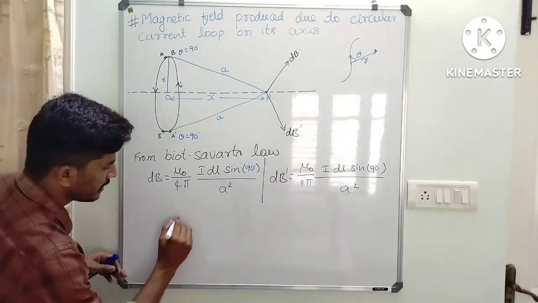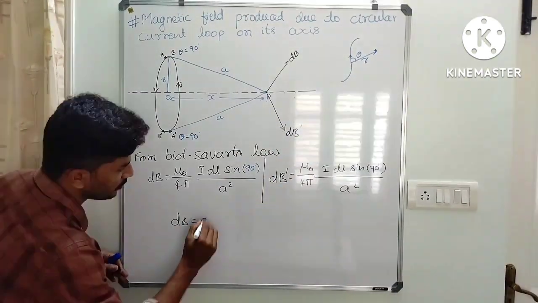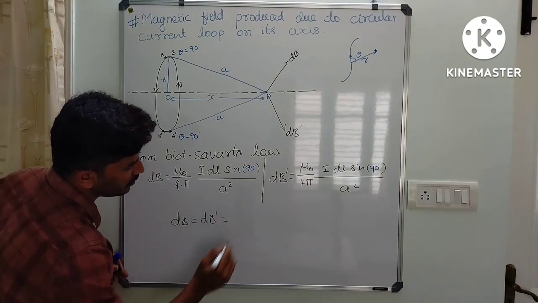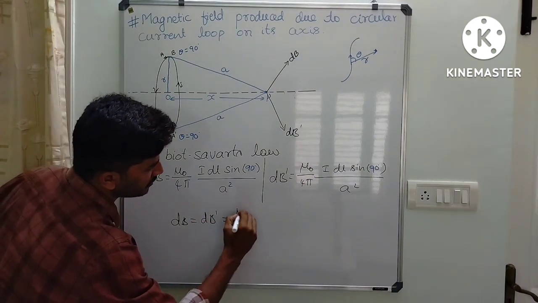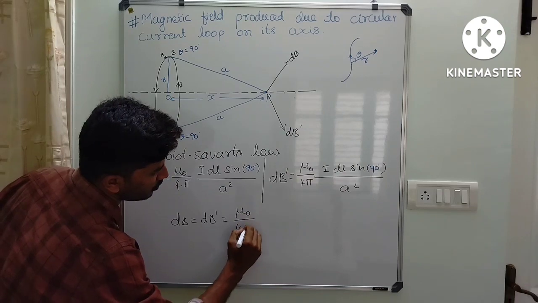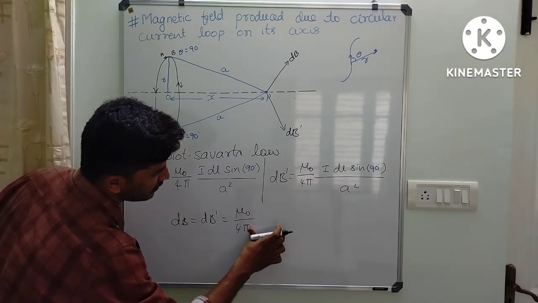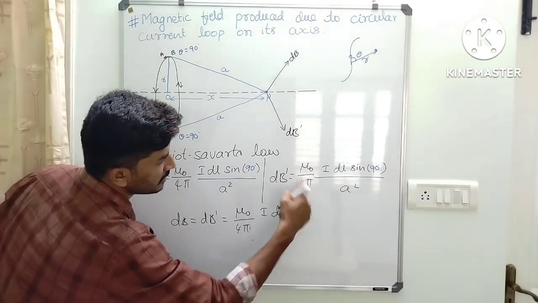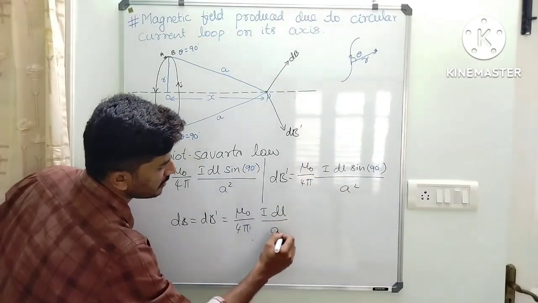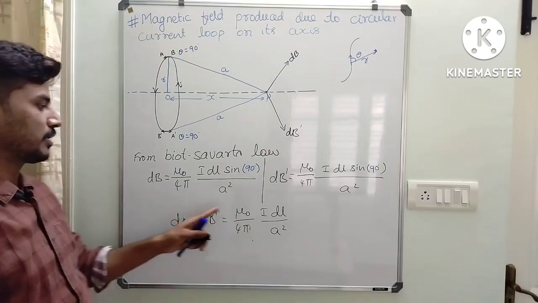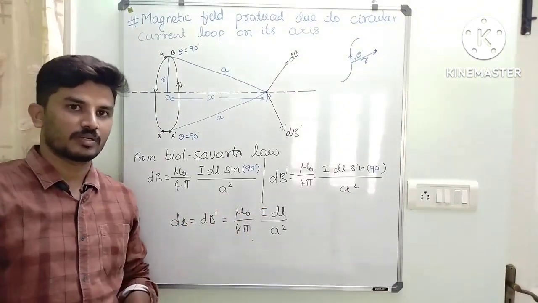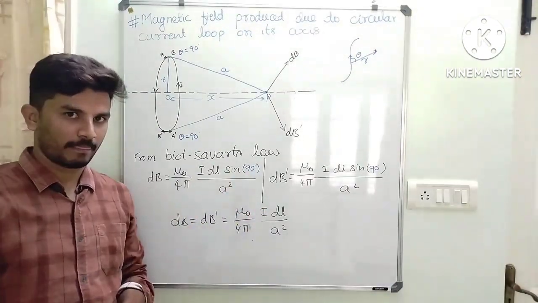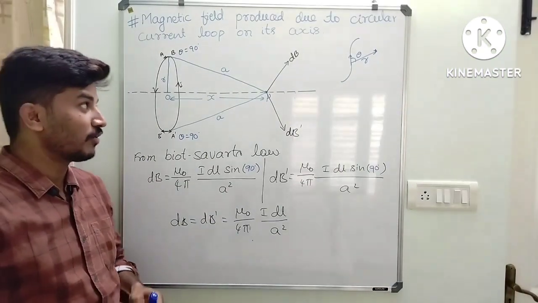So I can write dB is equal to dB dash is equal to mu naught by 4 pi I dl sin 90, which is 1, divided by a square. That is, mu naught by 4 pi I dl by a square. So we have got the formula.